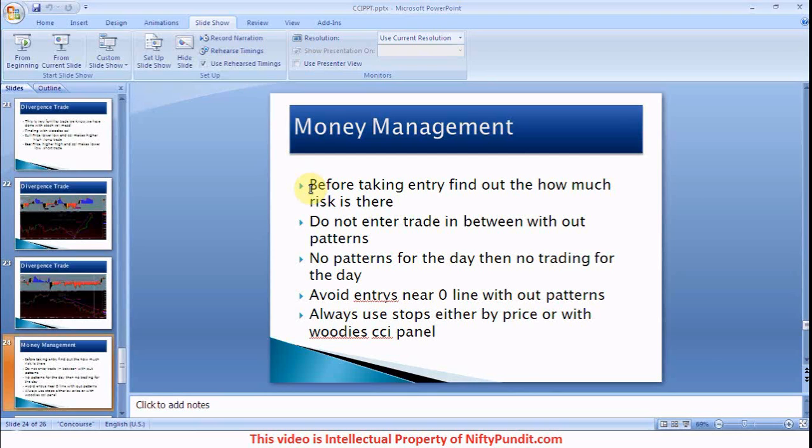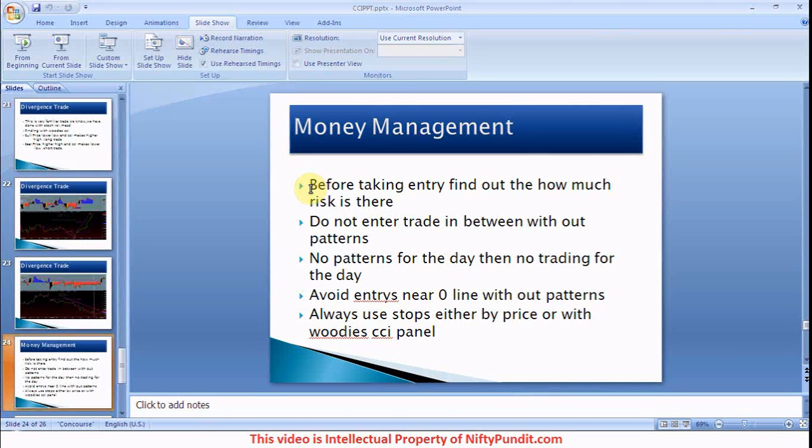If there is no pattern, forget the day, no trading for us. And avoid entries near the zero line without patterns. Without patterns, the zero line means a sideways market, it is going to be a whipsaw and it will take out all the stop losses.